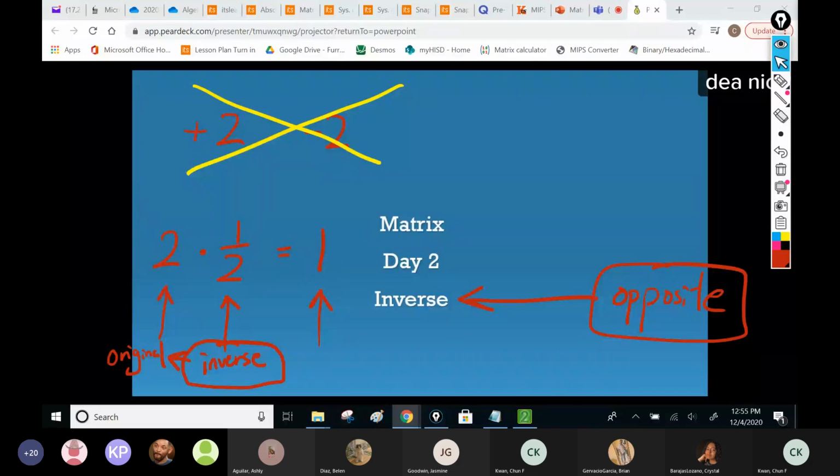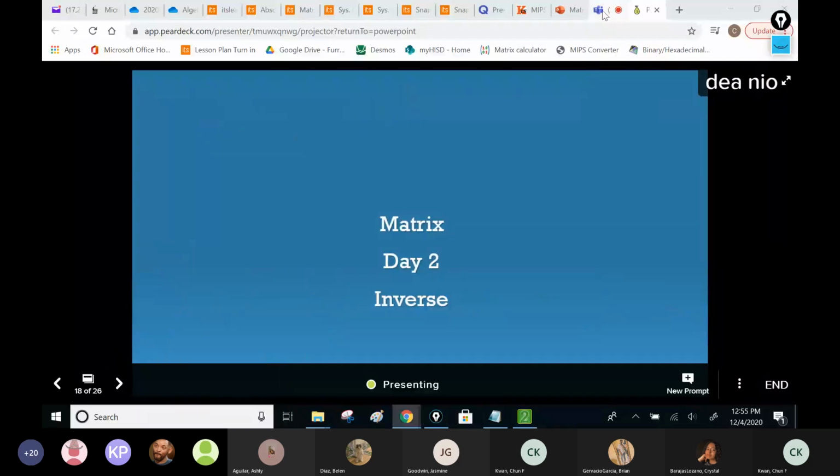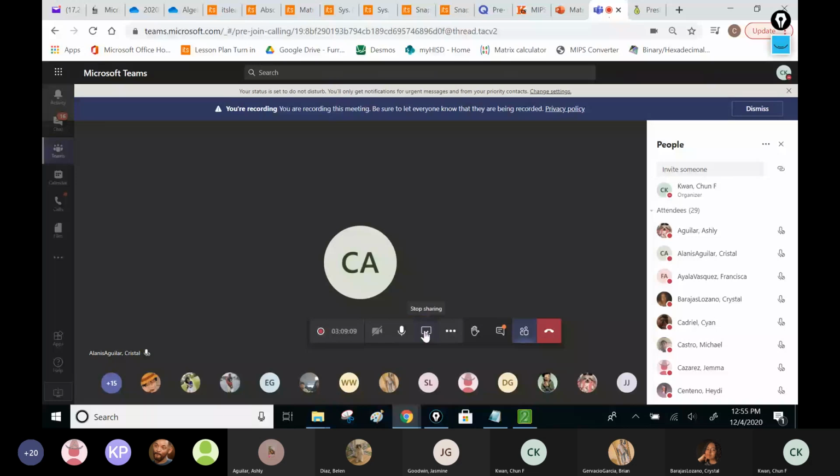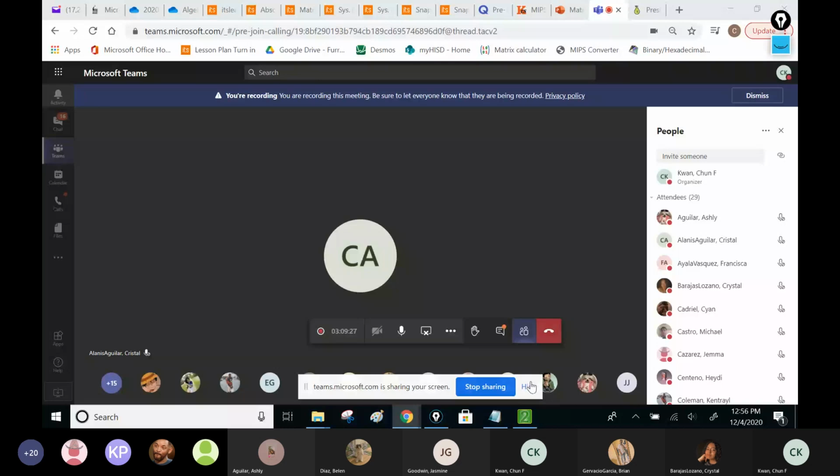That's the definition of inverse. Wait, you can't see my screen? Oh, wait. Is my screen working right now? Can you guys see it? Let me unshare my screen and share it again. If my screen for whatever reason is not working, please let me know. Sometimes I can't tell.